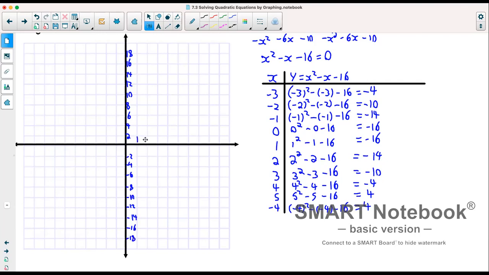Now we'll keep our regular scale on the horizontal. Okay, so at -3, we are at -4. Then at -2, we are at -10.